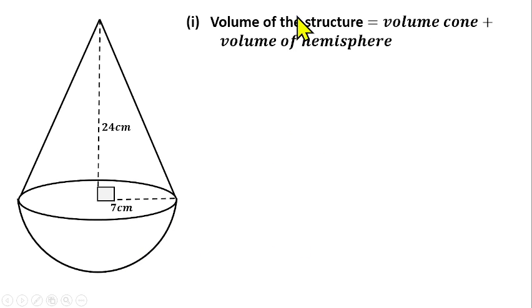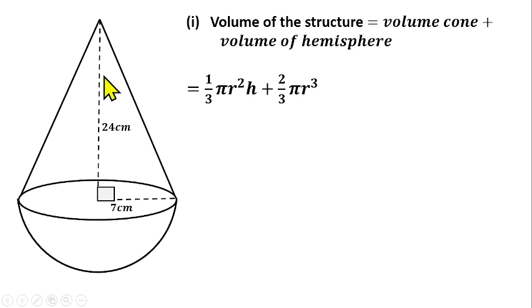So the volume of the structure will be the volume of the cone plus the volume of the hemisphere. We know the formula for the volume of a cone is 1/3 pi r squared h. Then the volume of a hemisphere is 2/3 pi r cubed.